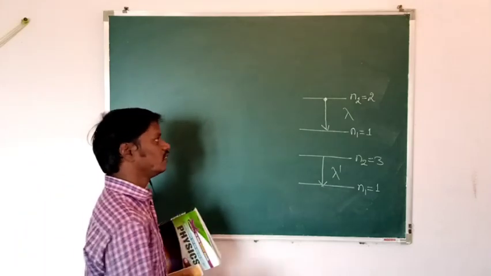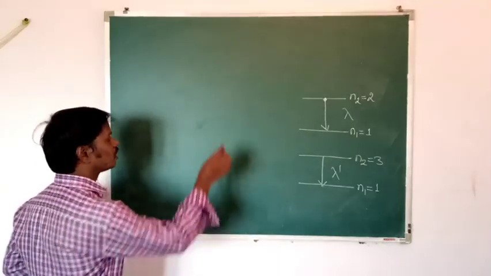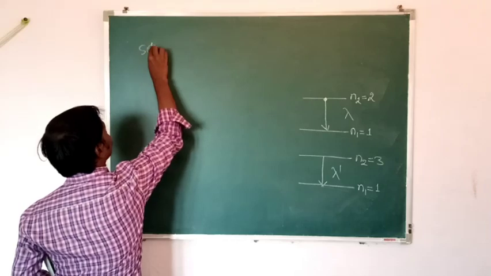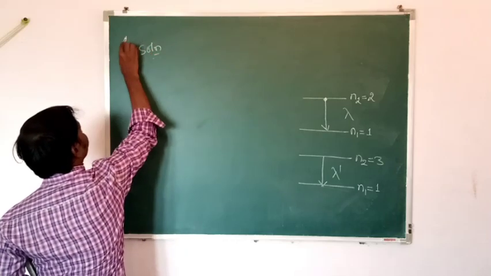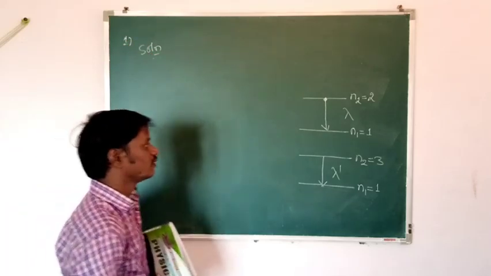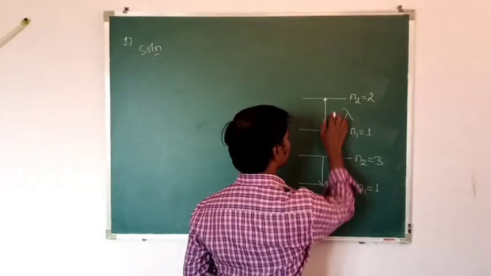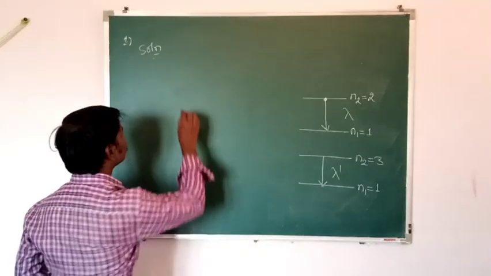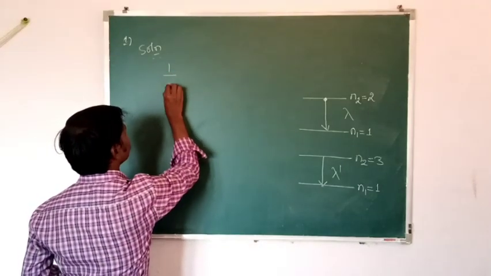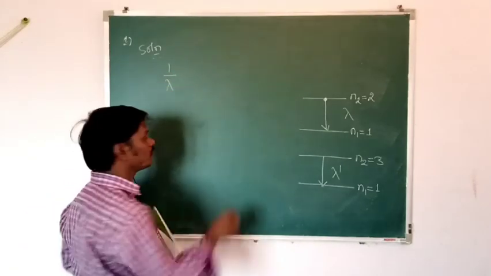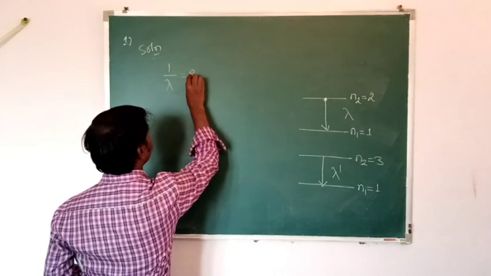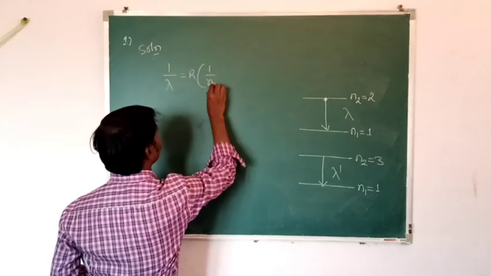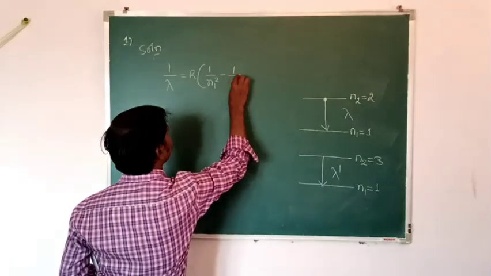Our aim is to find lambda dash. Then how to solve this problem? Solution for the first question. When the electron jumps from second orbit to first orbit, the wavelength of the emitted radiation is lambda. Then by using Rydberg's formula, 1 by lambda is equal to Rydberg constant into 1 by n1 square minus 1 by n2 square.